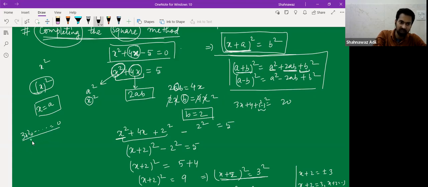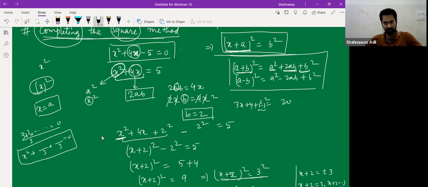So if you divide this by 3, this would be x squared and all the other terms would be divided by 3. So you have to keep in mind that the first term will always be this, not any coefficient. Yes, sir. Did you guys note down this part?